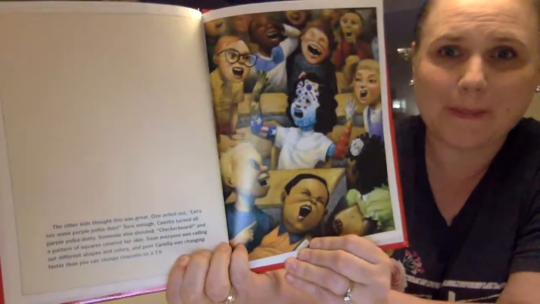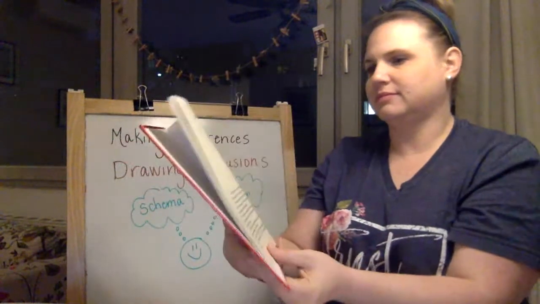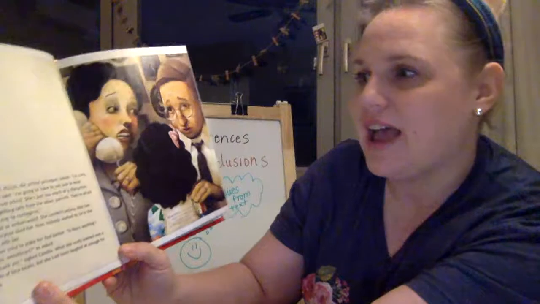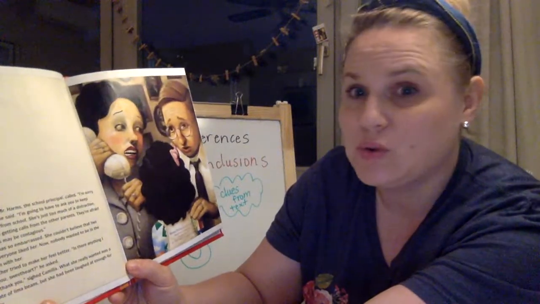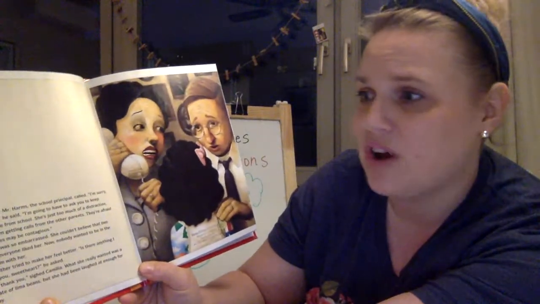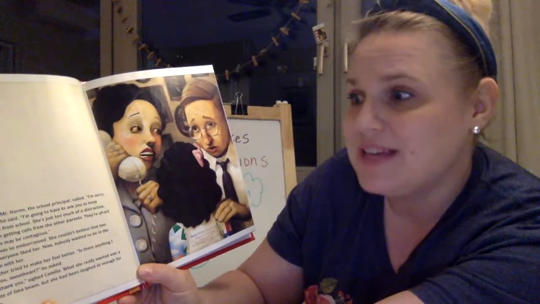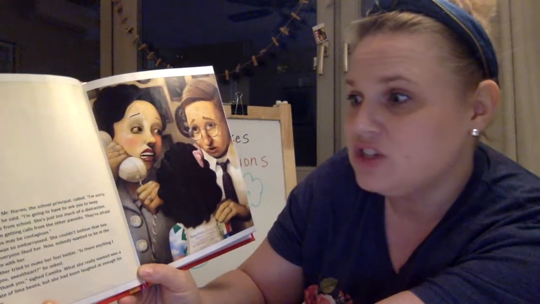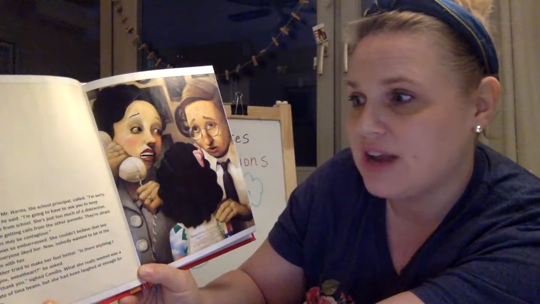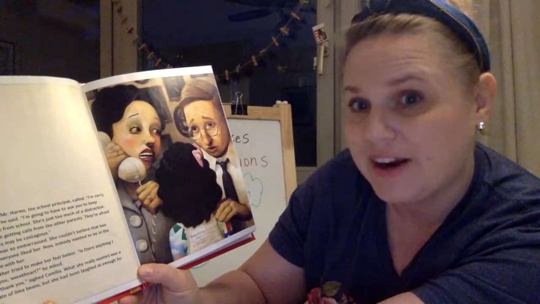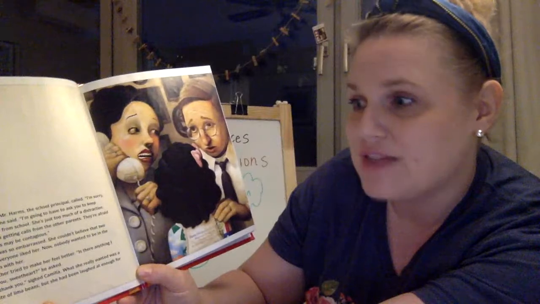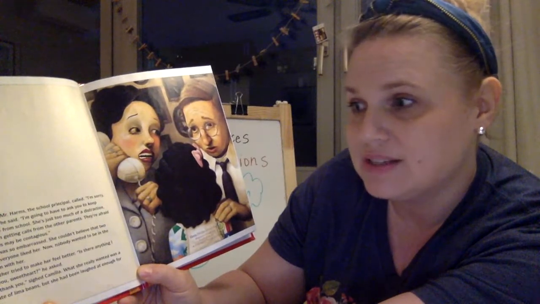Oh no. That night, Mr. Harms, the school principal, called. "I'm sorry, Mrs. Cream," he said. "I'm going to have to ask you to keep Camilla home from school. She's just too much of a distraction, and I've been getting calls from the other parents. They're afraid those stripes may be contagious."